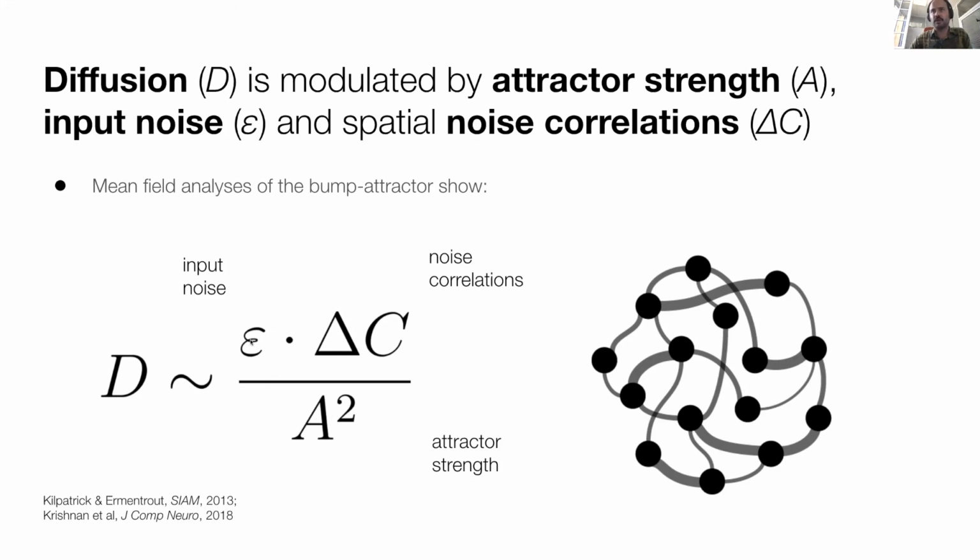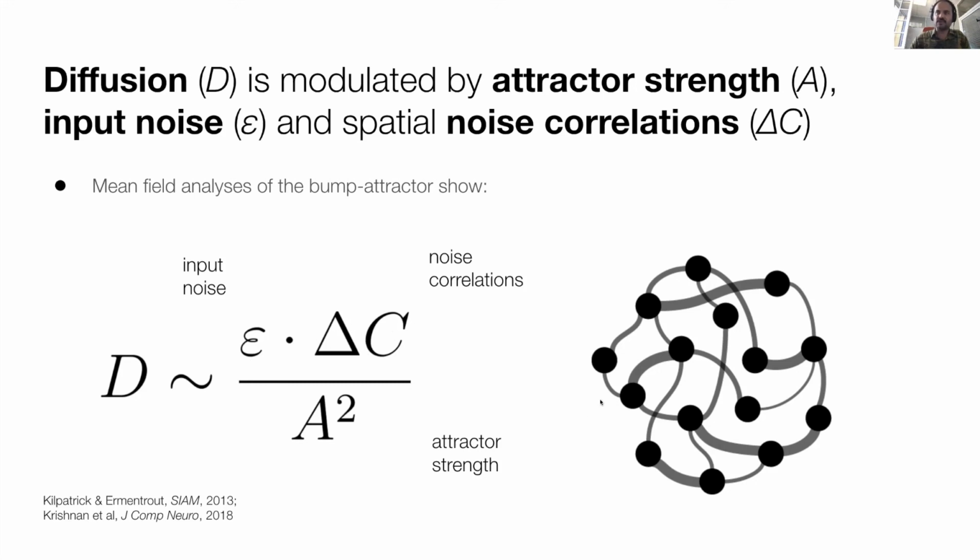But it also depends on the noise, in two ways. It depends on the input noise: each neuron receives inputs from many neurons, and you can look at how variable this is relative to the mean over a given time, let's say 1 second. That would be the input noise.